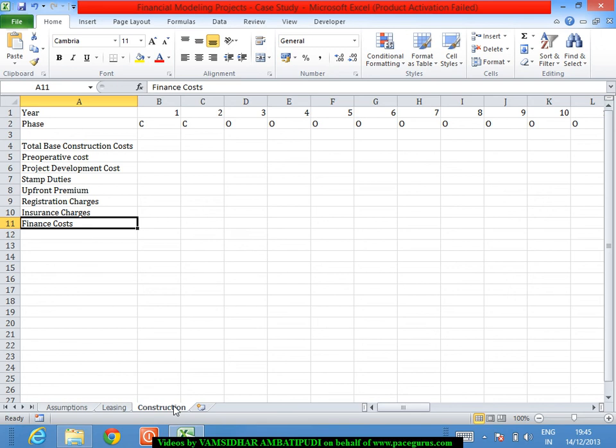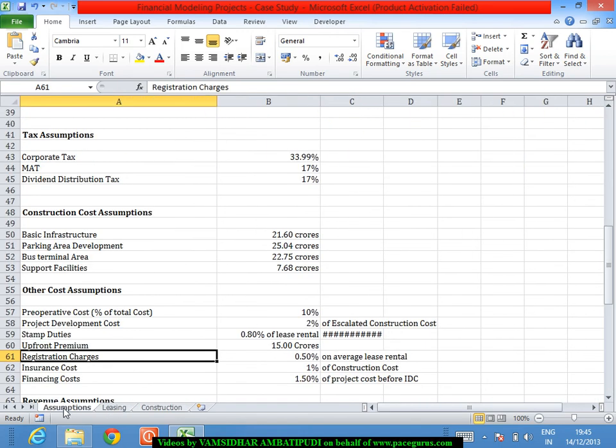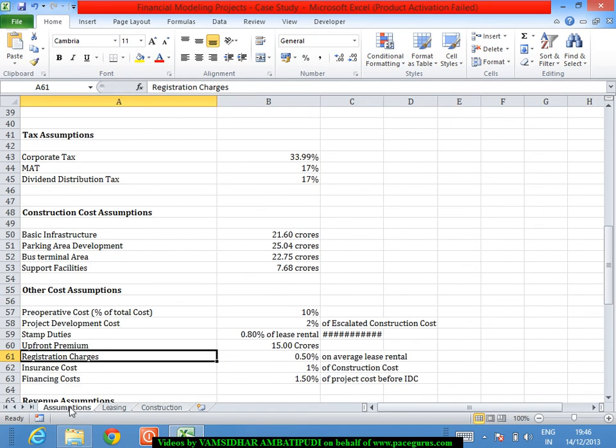So it does not really include the interest. The typical finance charge is nothing but the interest on the loan, which I am not including as a part of these costs. Now, the one thing I have to be comfortable with is that all these costs are spread over the period of 2 years.